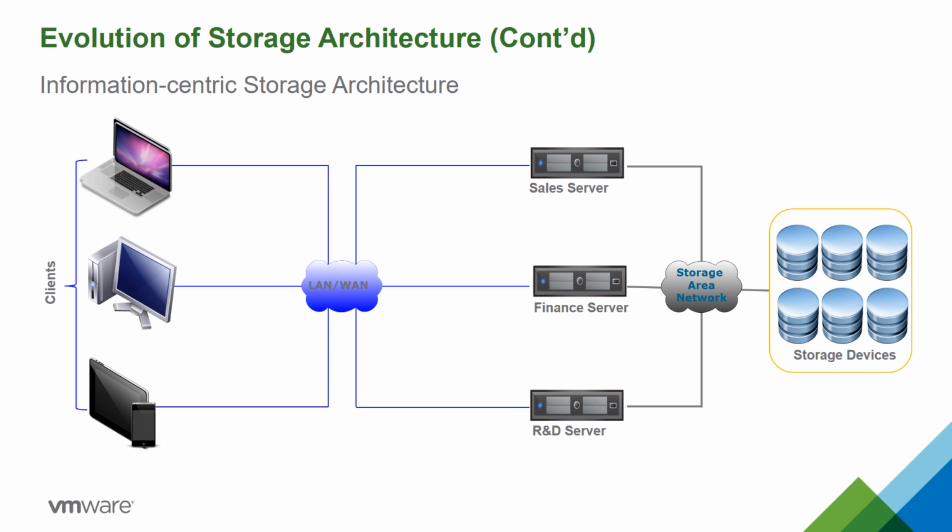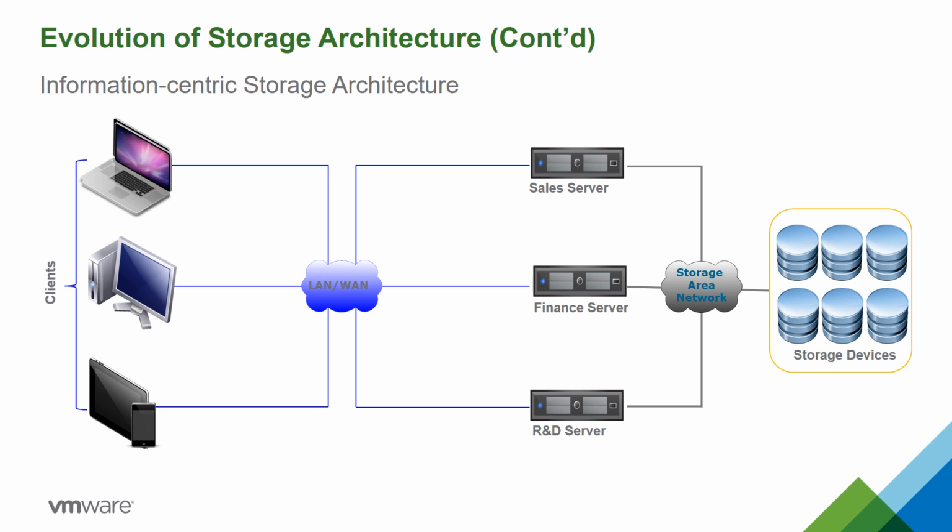In a storage area network, we are able to overcome that risk of downtime or availability by moving our servers' data from local storage to a centralized storage machine over a storage area network.